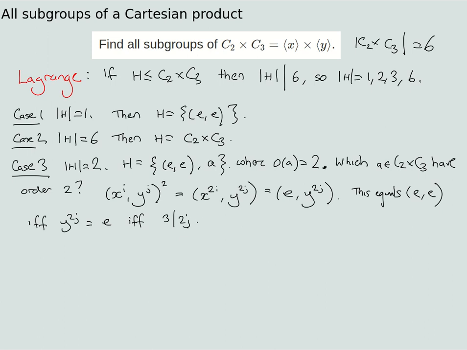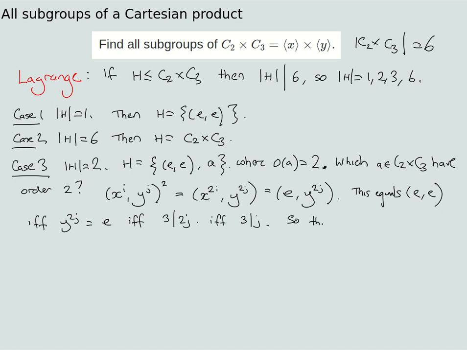Okay, but if you have an integer j, then 2 times j is a multiple of 3 if and only if j is already a multiple of 3. That's true because 3 is a prime number. And if j is a multiple of 3, well, y to the j is the identity because y had order 3.